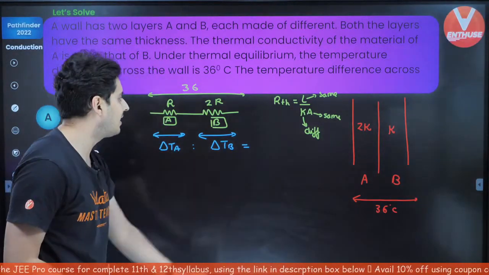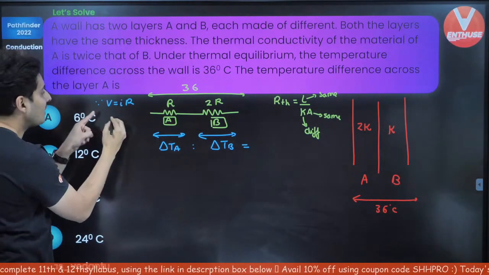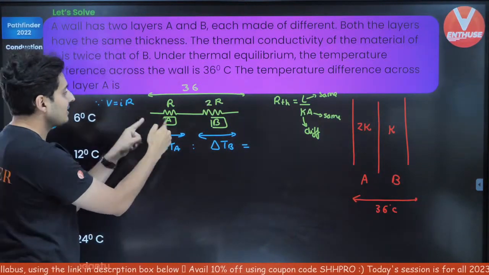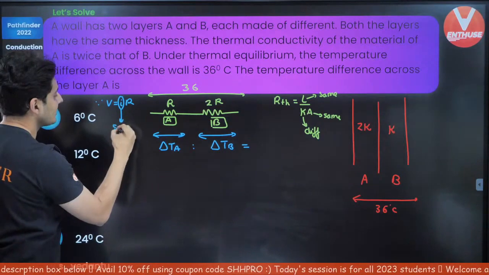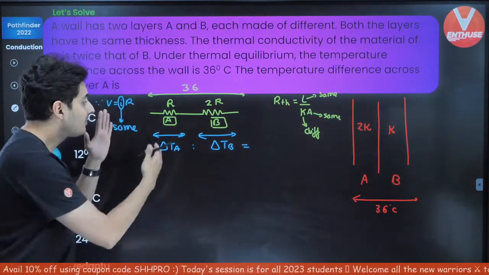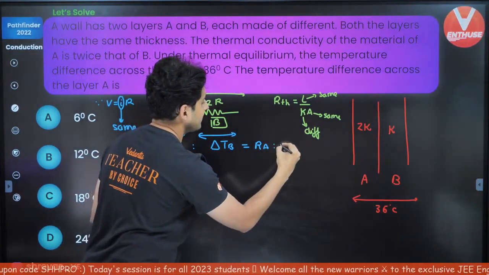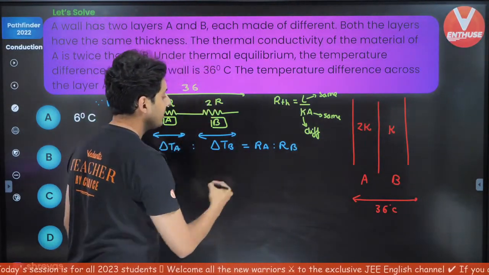Reason is V is IR. Since V is IR, the voltage across this upon voltage across this will be resistance across this upon resistance across this, because the current is the same. Does this make sense? The current is the same. If current is the same, the temperature difference ratio will be the same as the resistance ratio.